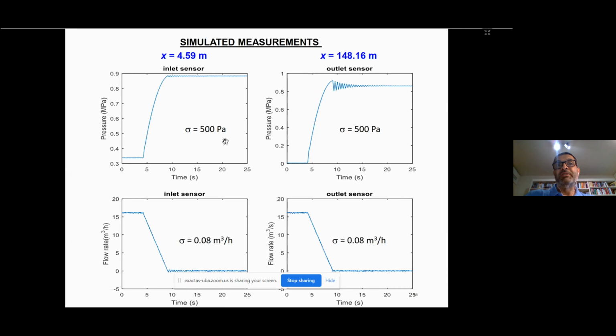These measurements were simulated by adding Gaussian errors with a standard deviation of 500 Pascal for the pressure and 0.08 cubic meter per hour for the flow rate.